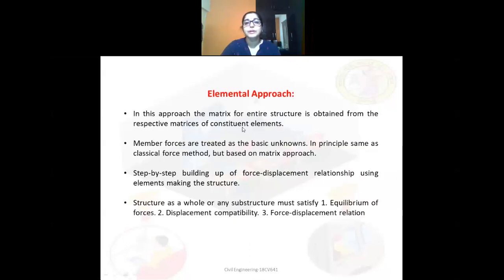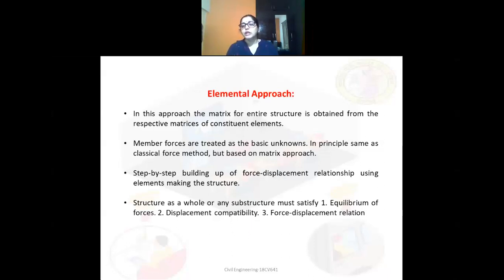So then what is the element approach? In this approach, whatever structure is there is divided into a number of elements. The member forces are treated as basic unknowns. In principle, it is the same as the classical method, but based on a matrix approach: step-by-step building up of a force-displacement relationship using the elements making up the structure.